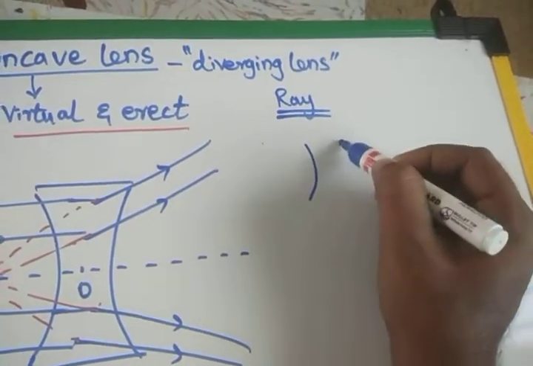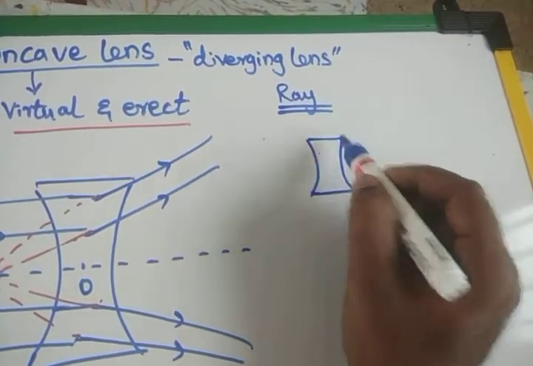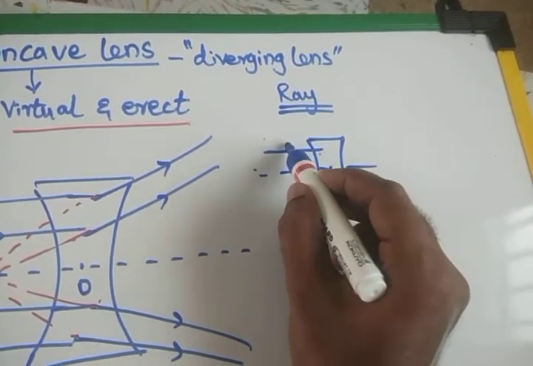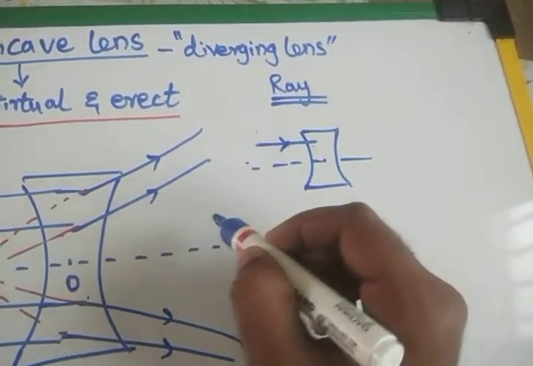What will happen in the concave lens when the incident light is parallel to the principal axis?